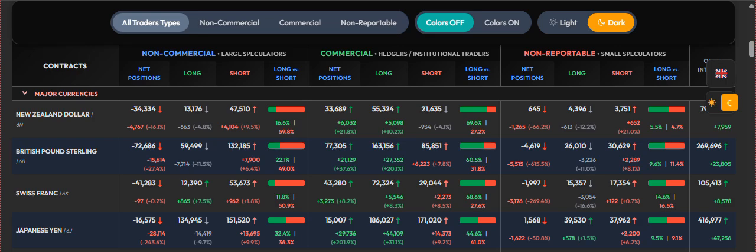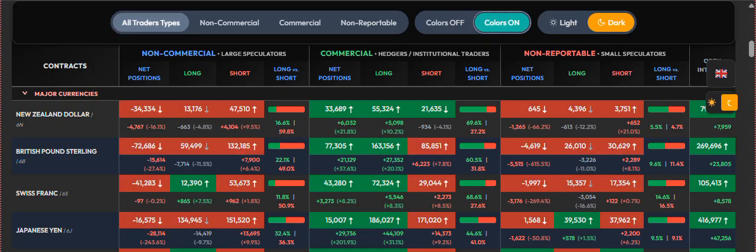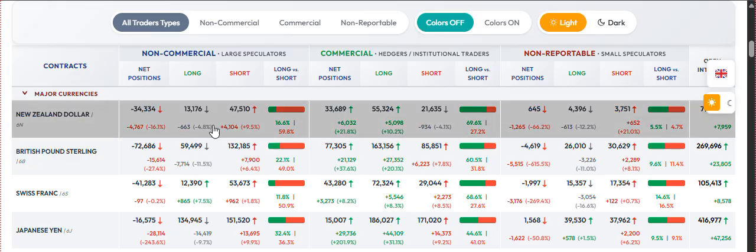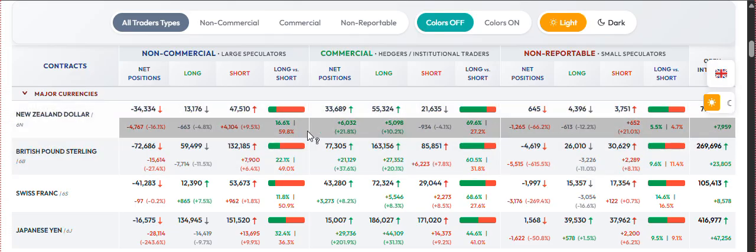the non-commercials, and let me just work with the percentage. We have around, for the New Zealand dollar, you notice that a lot of institutions are shorting it.